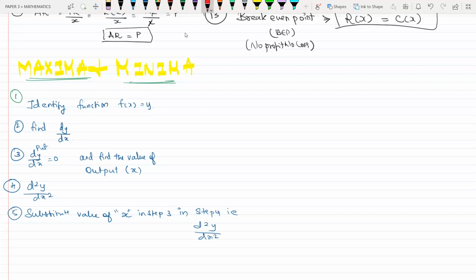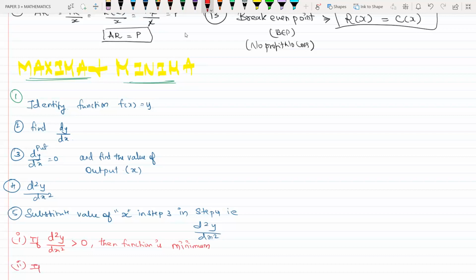Suppose if d square y by dx square is greater than 0, the function is minimum. If it is greater than 0, the function is minimum.